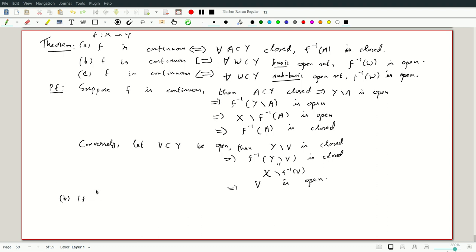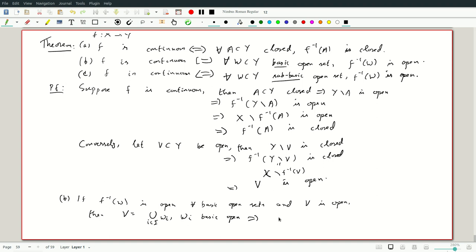If f inverse of W is open, I'll only write the non-trivial side, and C I will skip entirely because it's very similar to B, is open for all basic open sets, that means for a fixed basis, and V is open, then what do we know? Then V is a union over some collection i in I of Wi basic open.